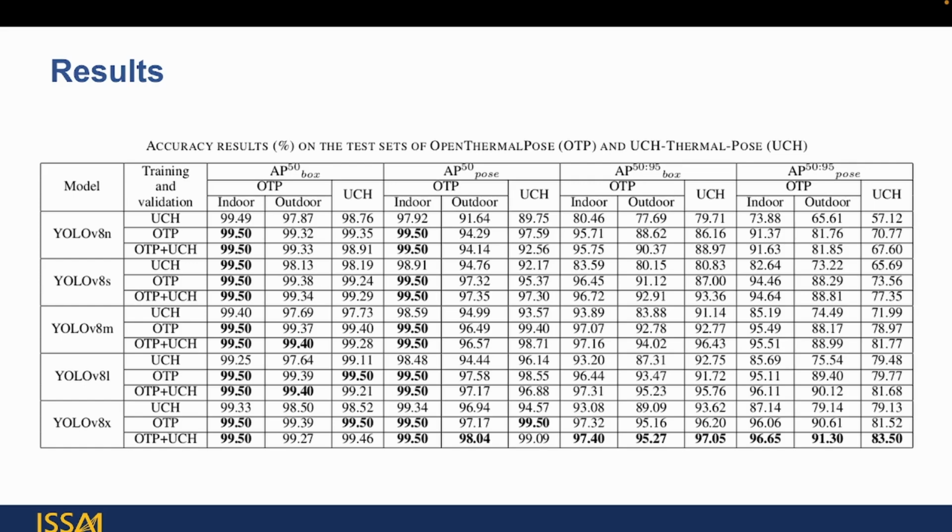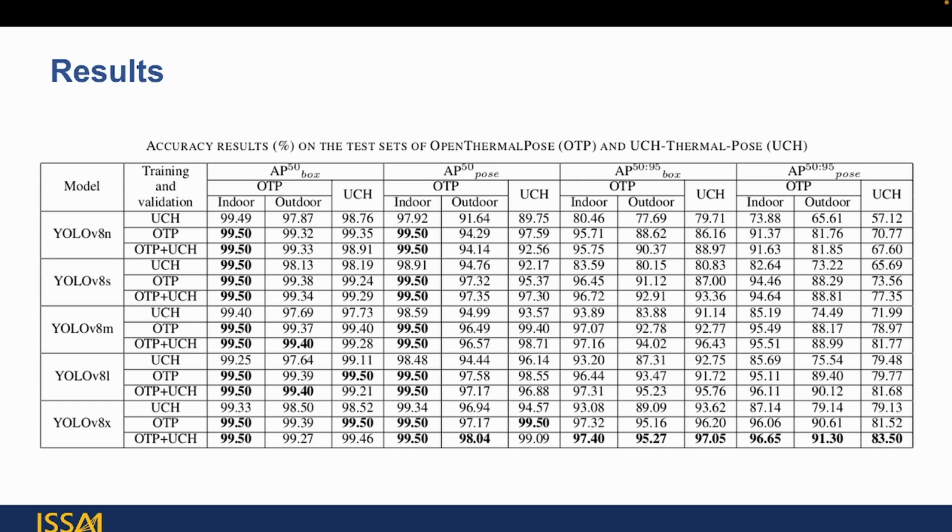A similar pattern was observed with the pose estimation accuracy with AP50 scores, improving from 97.92%, 91.64%, and 89.75% to 99.50%, 94.20%, and 97.59% respectively. Further enhancements were noted using the AP50-95 metric, particularly when the models were trained on the OpenThermalPose dataset compared to UCH-ThermalPose.